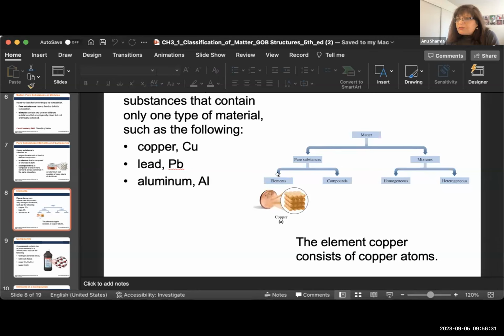Elements are natural, come from God. Some of them we have synthesized in the lab, very few, but the majority of them are found in nature, very pure, how the earth evolved. So it's natural. But compounds, you can take the elements, combine them in a very definite ratio, and they can give you the compounds.